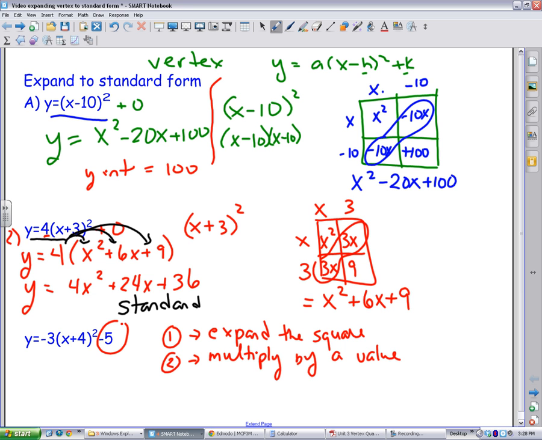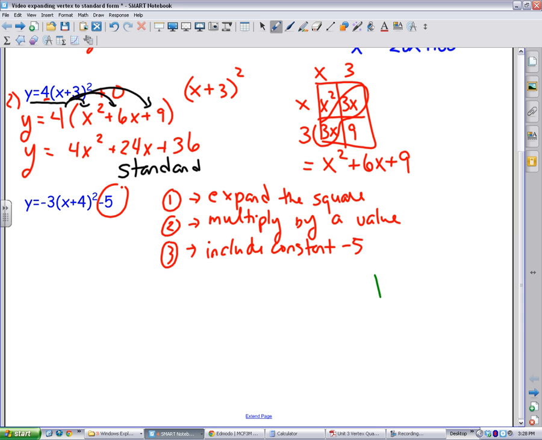And then finally, we will need to include the constant of negative 5.